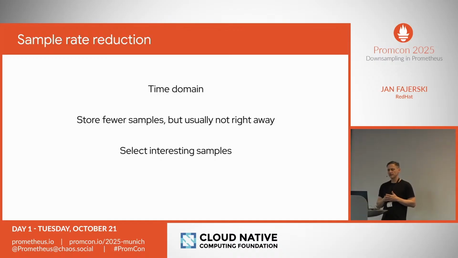I'm specifically talking about algorithms today that select samples, whereas you could also do downsampling by computing new samples. You can compute averages, you can sum things up. You can do this already with recording rules today too. The selection of samples works in recording rules too, of course, but maybe with limitations, let's say.